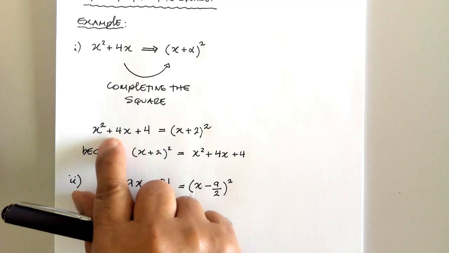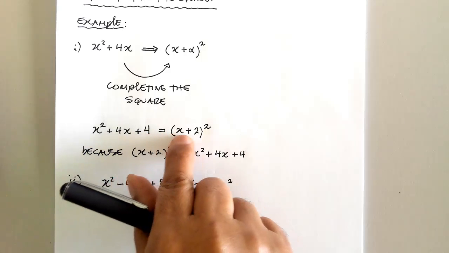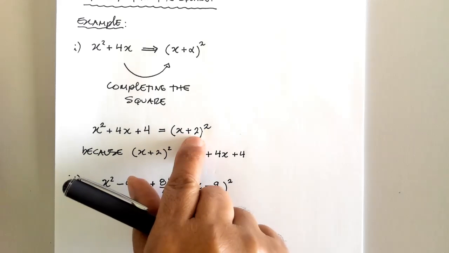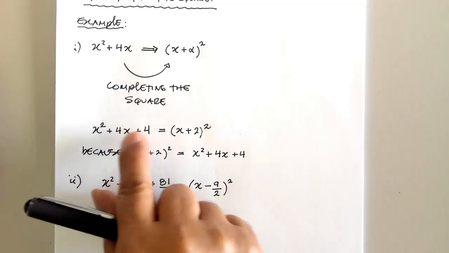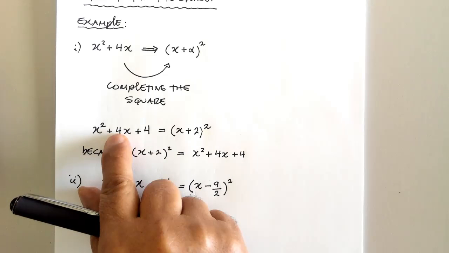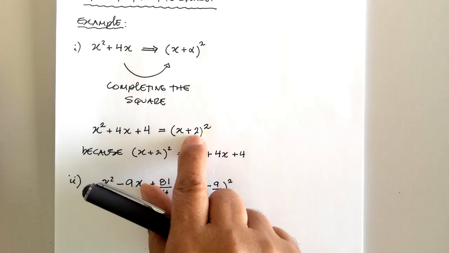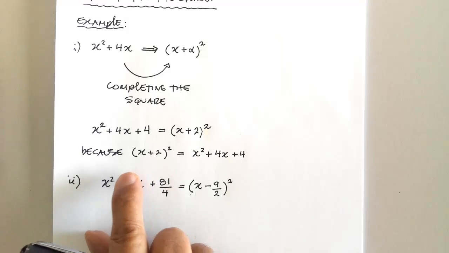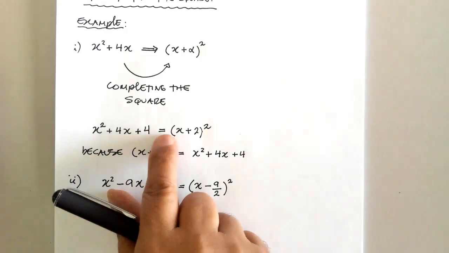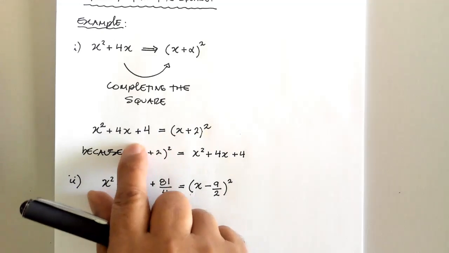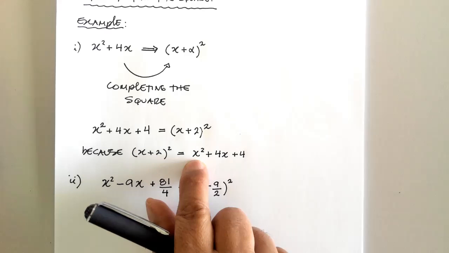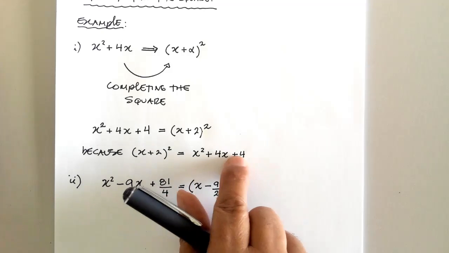So then you can go from here to here. This 2 is coming from dividing 4 by 2. And that is true, because when I expand this, the answer is x squared plus 4x plus 4.